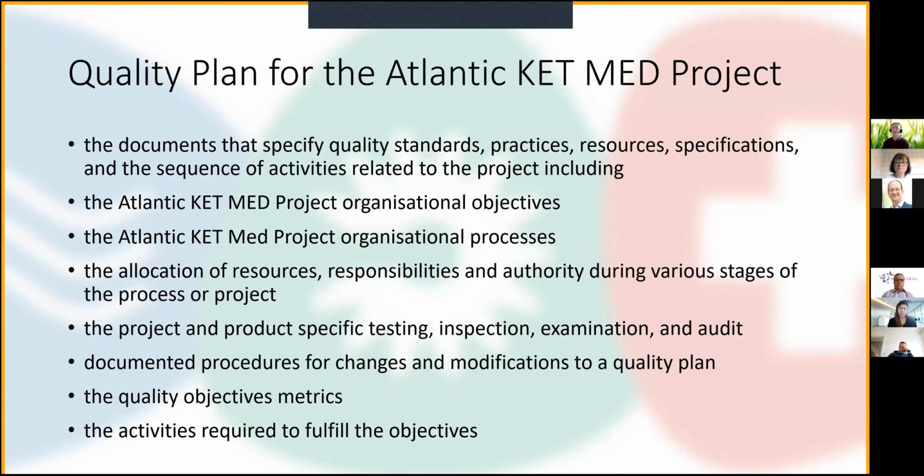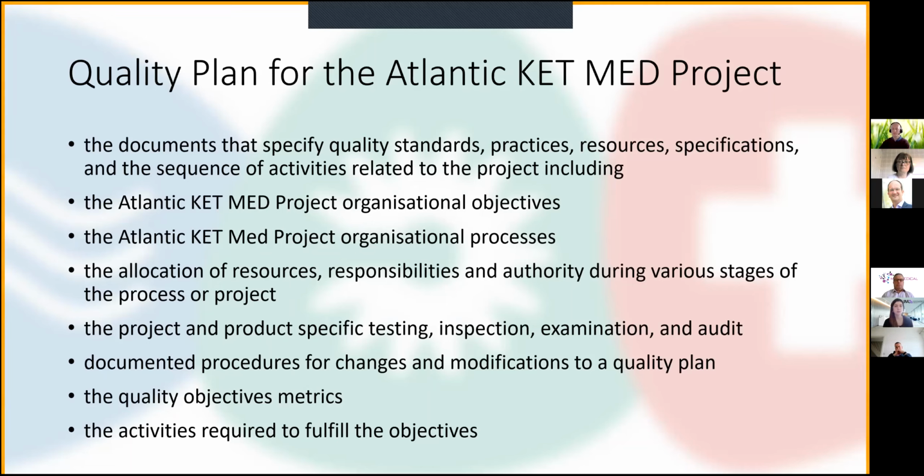A quality plan defines the specific quality standards, practices, resources, specifications, and sequence of activities related to your particular project, the organization objectives, its processes, the allocation of resources and responsibilities. These are all aspects that can be included in your quality plan, including those metrics in terms of measuring whether your project is actually running to quality plan.